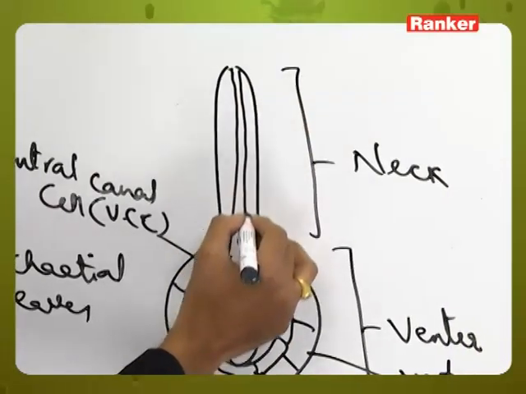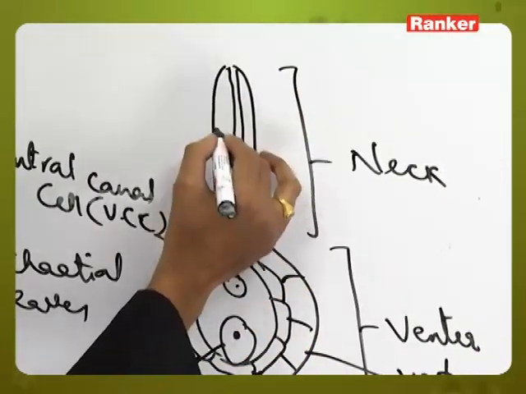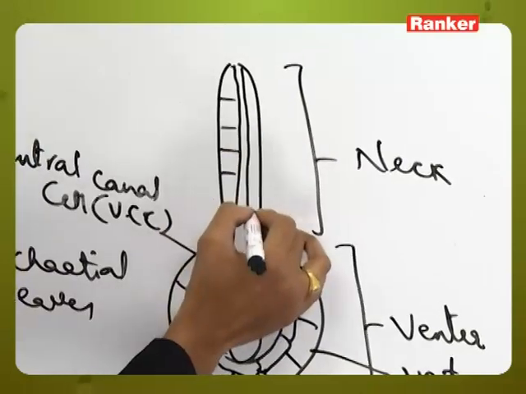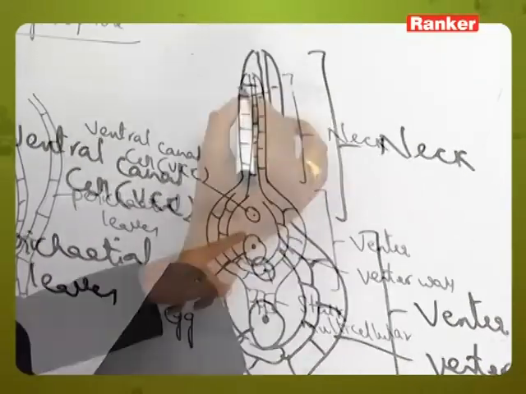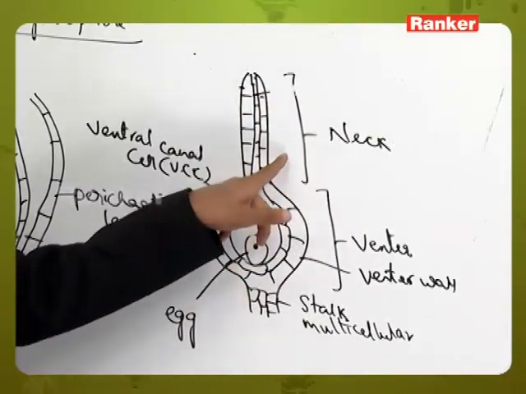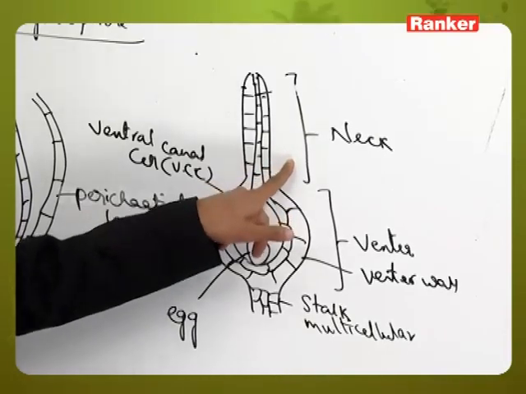This is called the neck. So the neck is surrounded by some protective jacket layers. Above the venter the long and elongated part is present, that is called the neck.